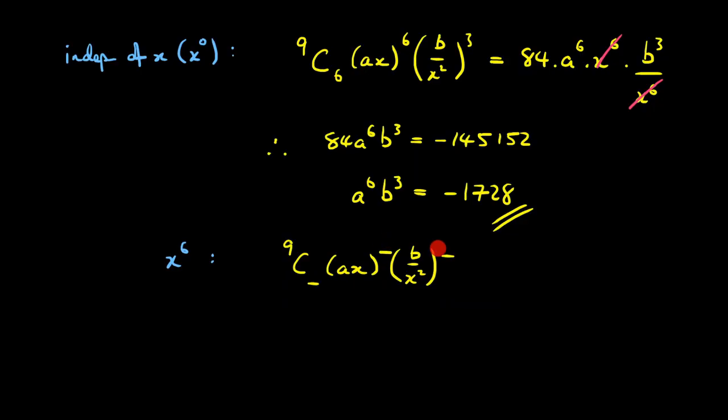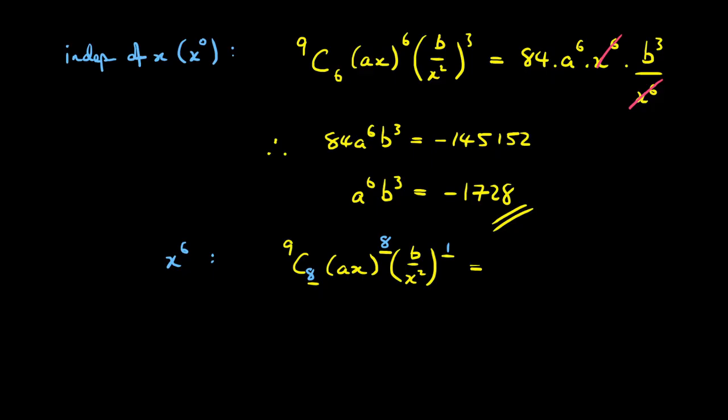And of course, these two powers have got to add up to give 9. So how can I do that? Well, let's see. If I had 8 and 1 here, that should cancel off to give me what I want. So I'm going to put 8 and 1 there, and 8 here. Let's just check that, make sure we're right.